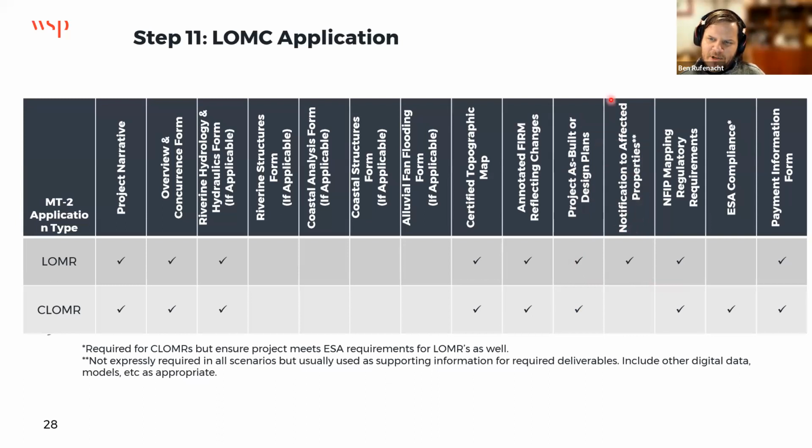Notification to affected properties, we need to do our due diligence, of course, if we actually did the LOMR. Making sure we met all of our NFIP mapping regulatory requirements because we are changing the map. ESA compliance, again, that is a requirement for CLOMRs, not a requirement for LOMRs, but we should do it anyway. And then, of course, payment information.